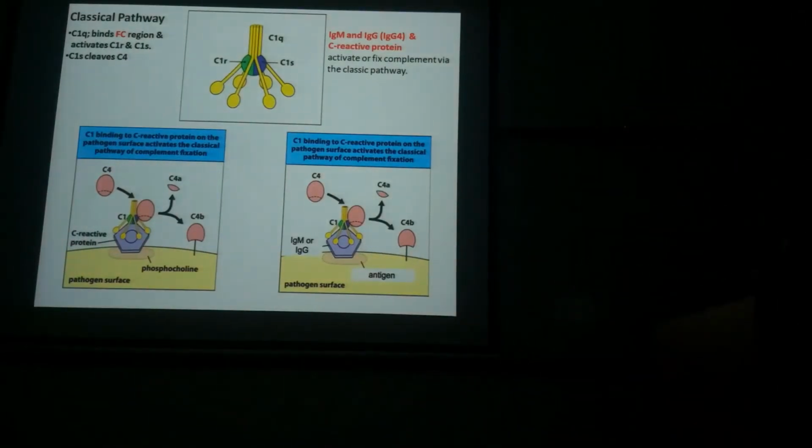So they have bound now to the surface of the pathogen. Now here are IgM or IgG antibodies, as you see here. They are also bound to the surface of the pathogen. Okay, so this is an antigen, and these are immunoglobulins.